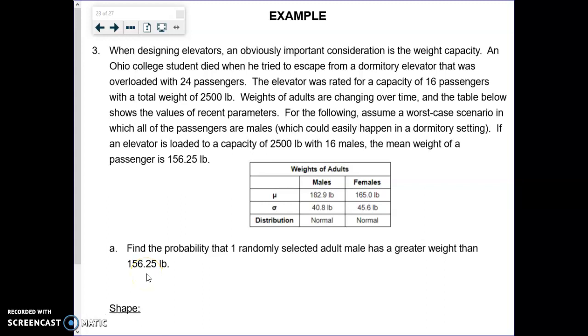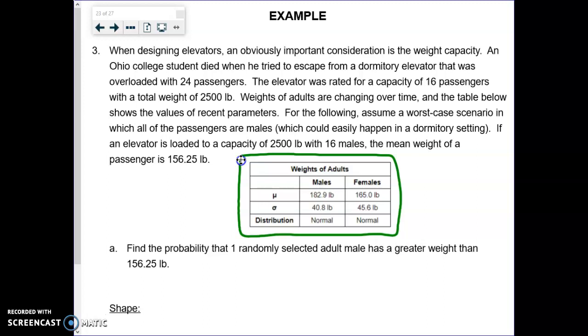So as you've read through this, there's a couple things that you'll notice. First of all, right here they give you all of the population parameters for males and females. The average weight of a male or female, standard deviation, and then we do see that both distributions happen to be normal, which means our sample size does not have to be greater than or equal to 30 for us to be able to do this.